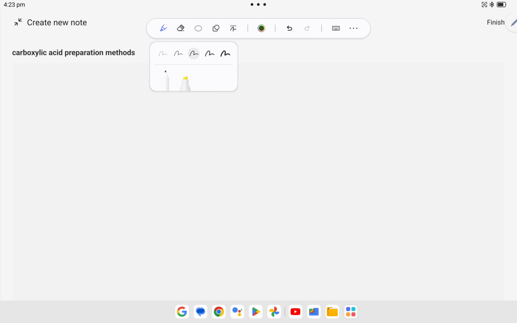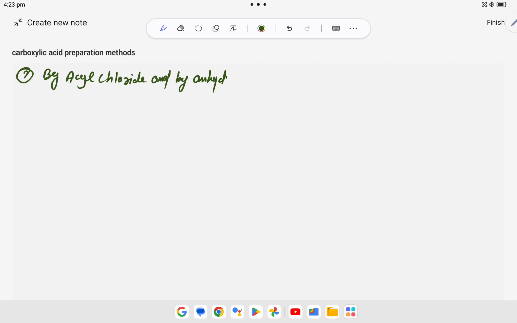Next method, by acyl chloride and by anhydride.